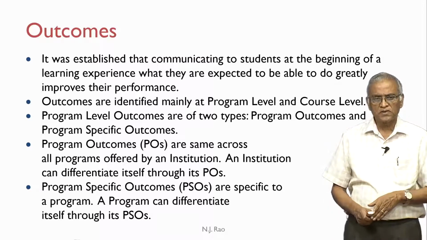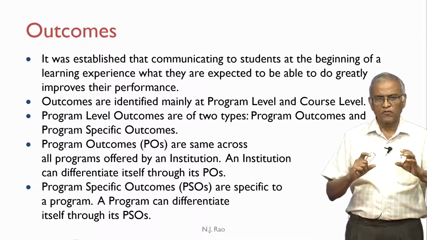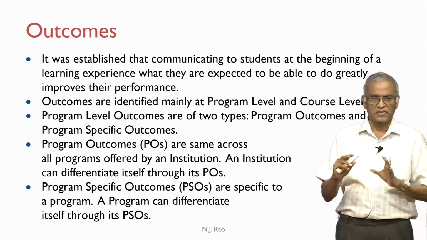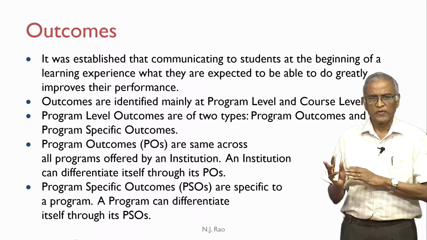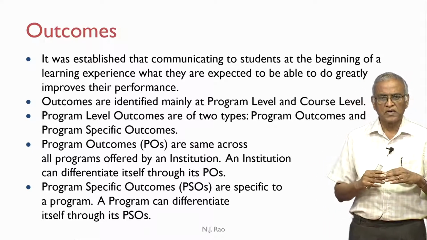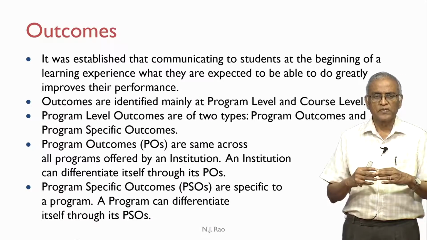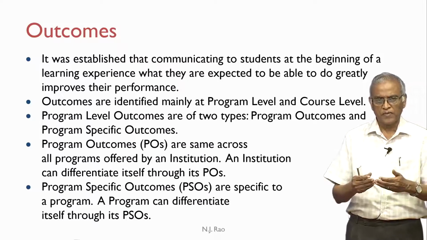The institute has one set of program outcomes, and the wording of these program outcomes is not given by any outside agency, unlike the professional courses, whereas here the university or an autonomous institution has to identify their own program outcomes.